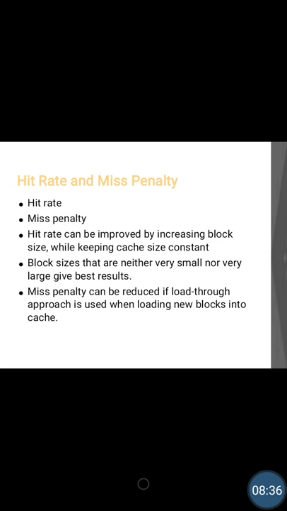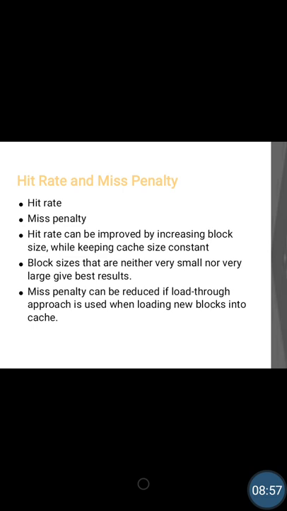If there is successful access of the data in the cache, then it is called a hit. Okay. So, what is hit rate then? The number of hits stated as a fraction of all attempted accesses is called hit rate.